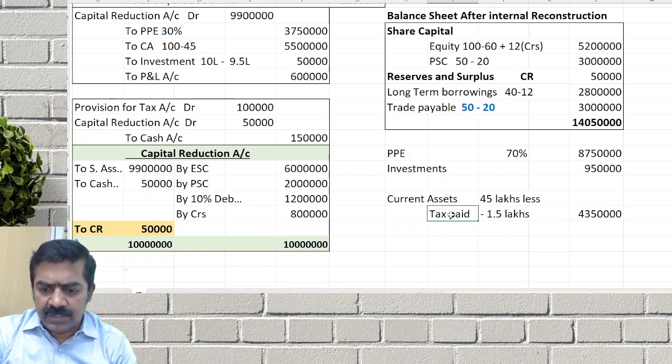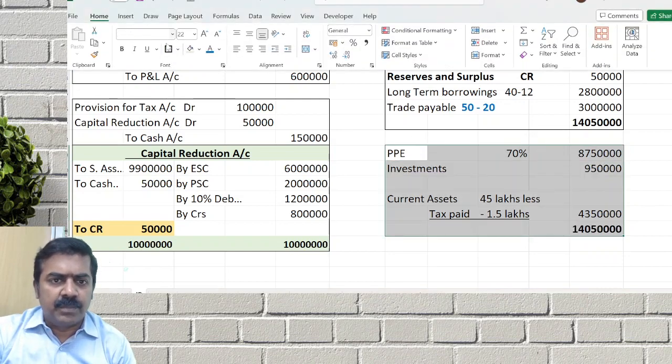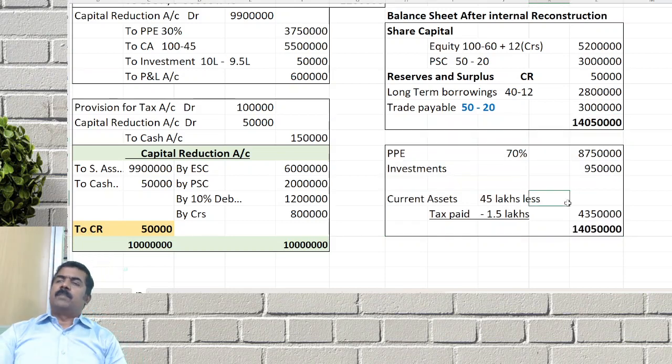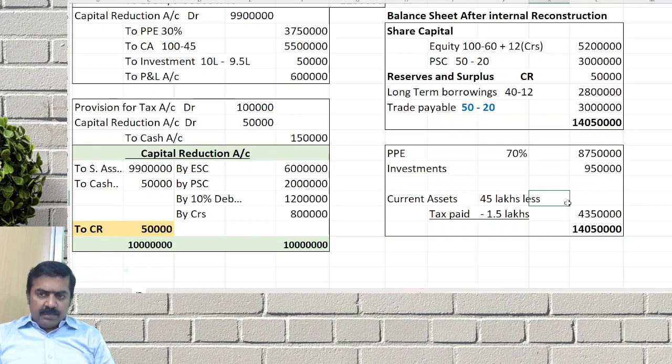So we assume that sufficient balance is available. Alternatively, you can assume that it is not available, so I can show it as a bank overdraft. Bank balance is not available, so tax paid you can show as which one? Bank overdraft.